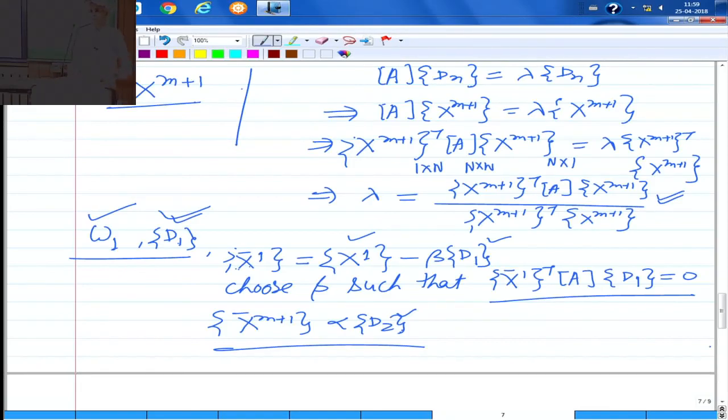If you repeat that, finally whatever vector you get will be proportional to d3, the third mode shape, and then you do this multiplication to get the corresponding eigenvalue. So this is what is referred to as deflation, matrix deflation. That means we are subtracting a particular mode out of this.